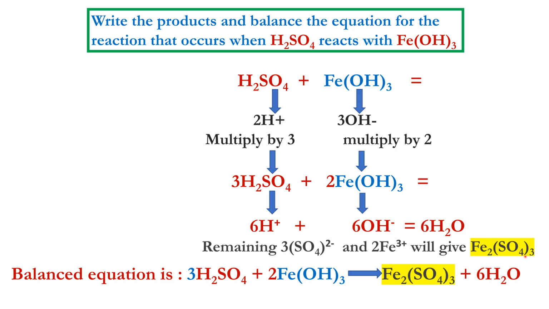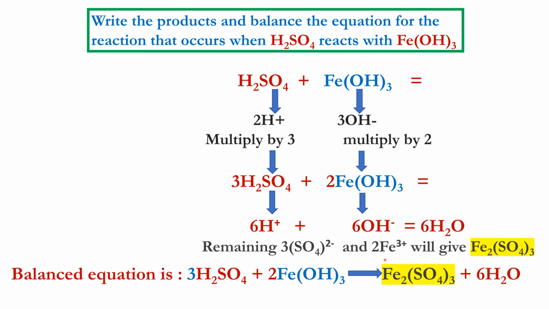So now we have all our products: 6 water molecules, from combining 6H plus and 6OH minus, and iron 3 sulfate, from combining 3SO4 and 2 iron.